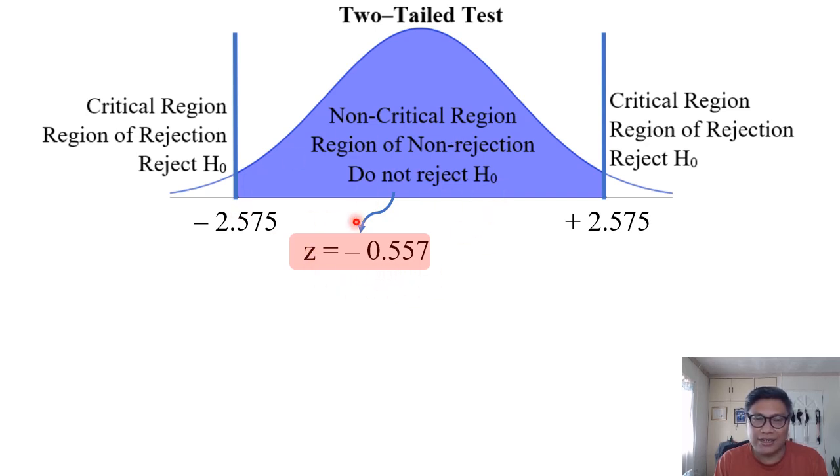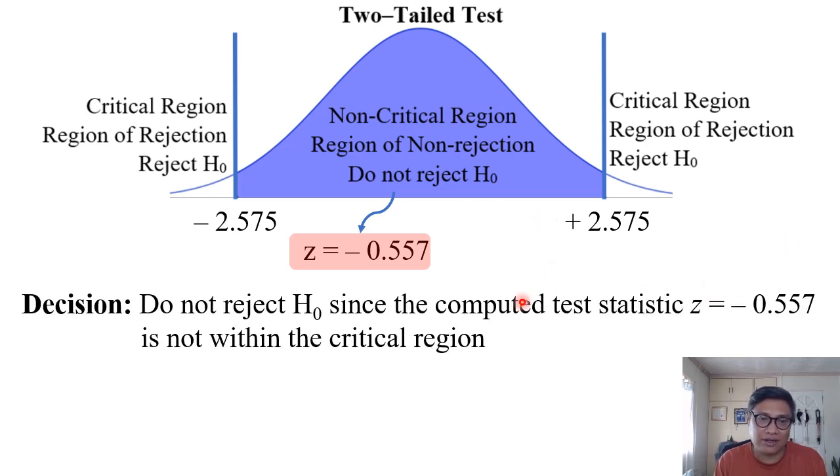We can easily see now our decision: the computed z-value of negative 0.557 is in the region of non-rejection, between the critical values, class. So our decision, of course, is do not reject the null hypothesis, since the computed test statistic of negative 0.557 is not within the critical region.